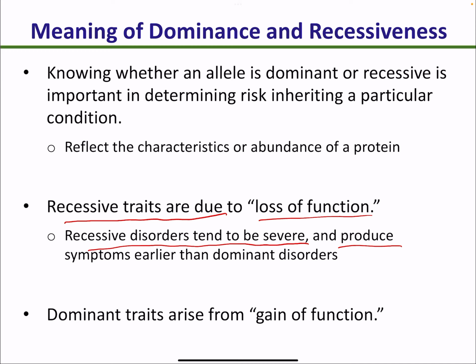For instance, consider Huntington disease. Unless it is a severe situation, Huntington disease onsets in adulthood, not in childhood, right? But if you consider a defect such as cystic fibrosis, the onset is right there in childhood, right?